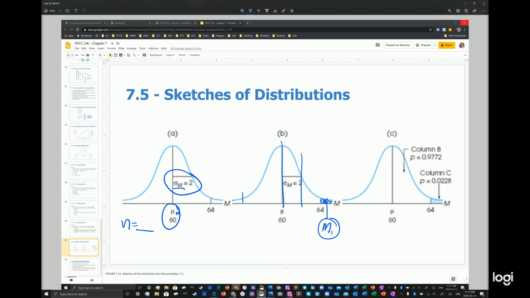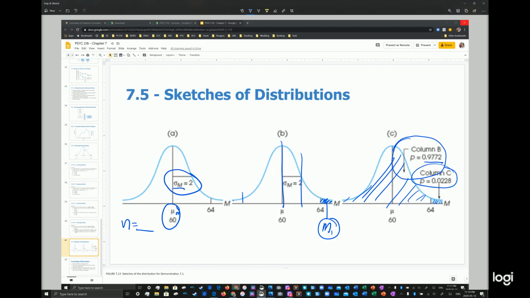So notice here, this is where you're going to get your close to 2.5, and then this is where you're going to get your close to 95%. So here exactly, when you look at your unit normal table, the entire body here is going to be 97.72%, and then this tail here that represents your extreme positive mean values is going to be 2.28%.